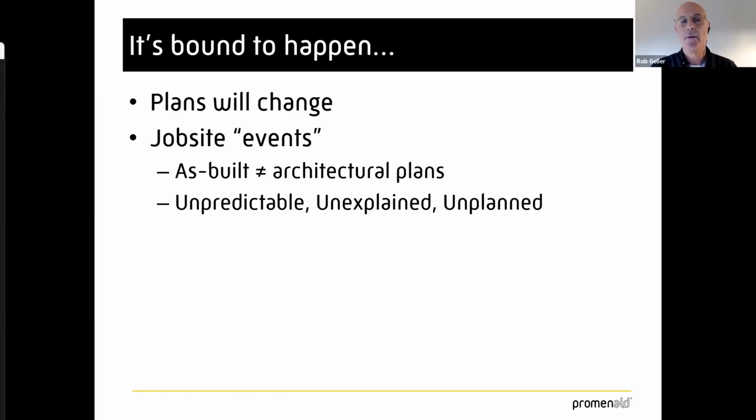And also, we've been doing this for about 13 years now. There is just no end of things that happen on a job site that you can't plan for. We've seen things like personnel changes, so there's some disorganization on the job site.